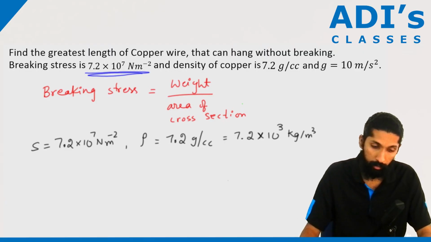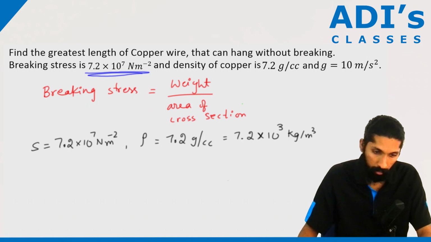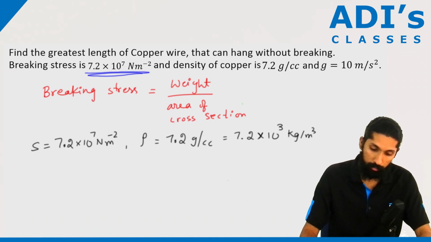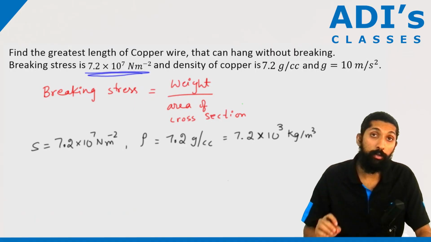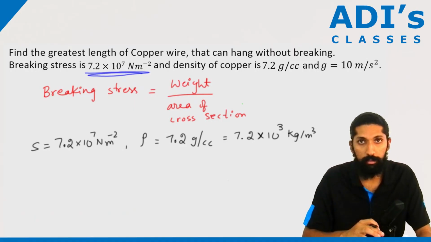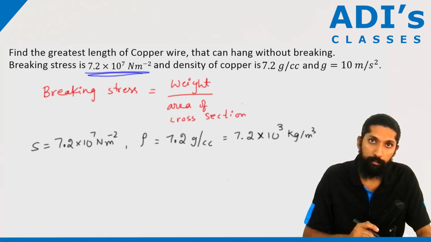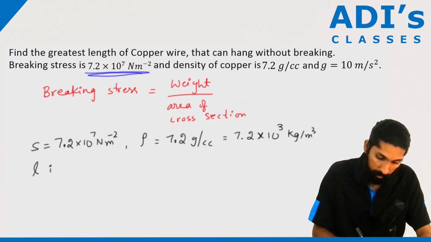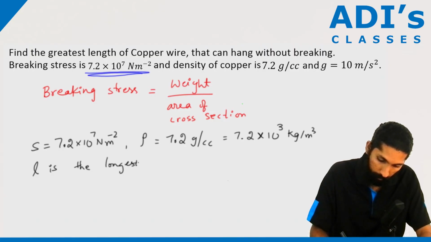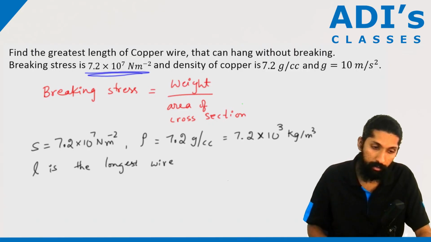Now what do we know? That a copper wire is hanging, isn't it? You don't know the longest length. That is what you are trying to find out. Let's say that L is the longest wire.